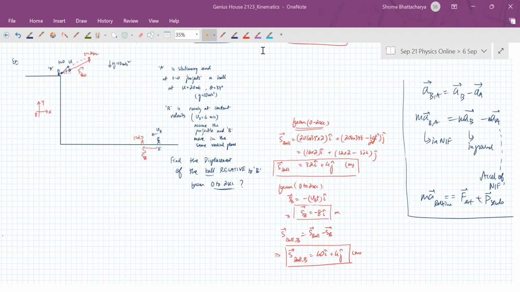Yes, sir. Sir, so the final answer must be 40 meters. No, the final relative displacement in vector form is this only, beta: 40 i cap plus 4 j cap. Now, if I wanted to calculate the magnitude of that, it would be the square root of 1616. Yes, sir.